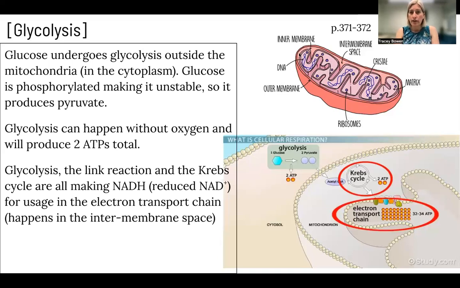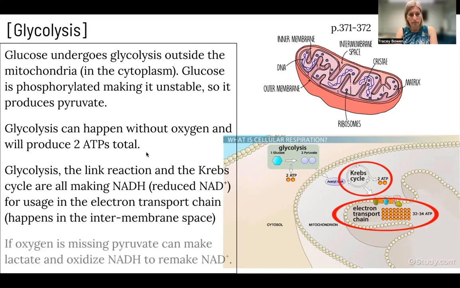They have an outer membrane and an inner membrane, and the space between the outer and inner membrane is the intermembrane space. These cristae here are invaginations, the bendiness of the membrane, which increases the surface area to volume ratio. And then the inside of the cristae is called the matrix.